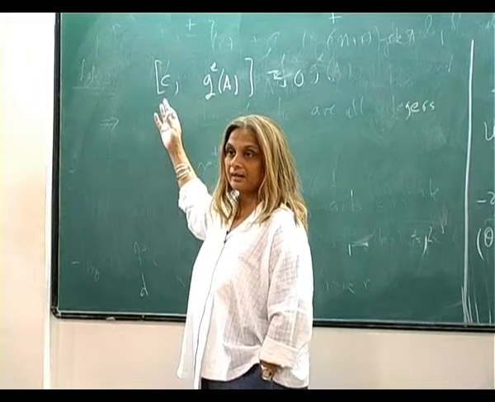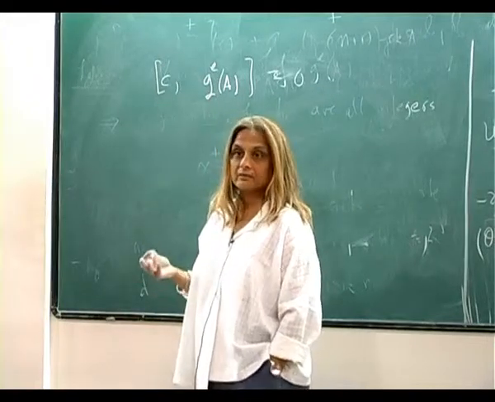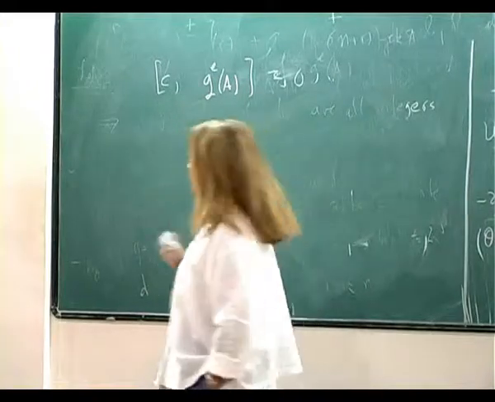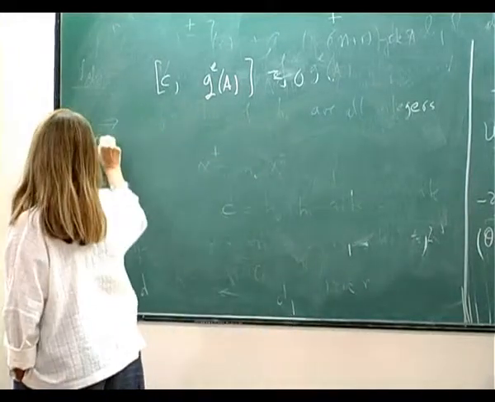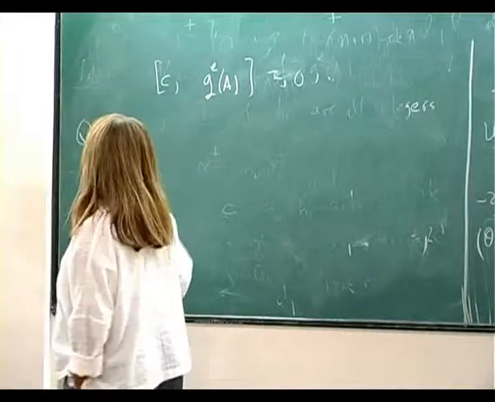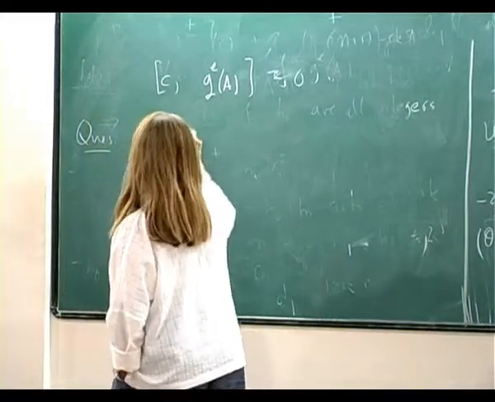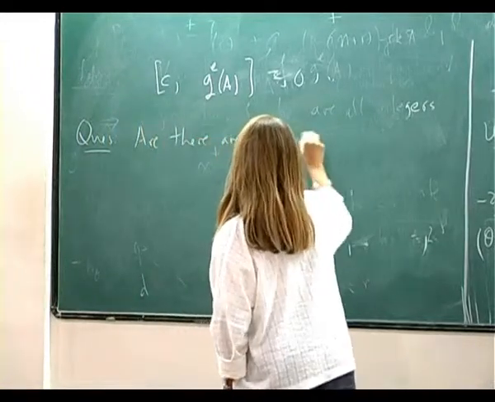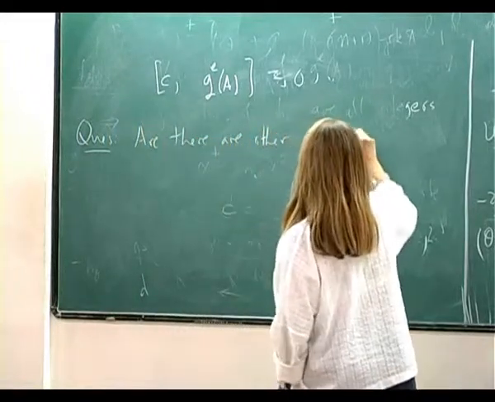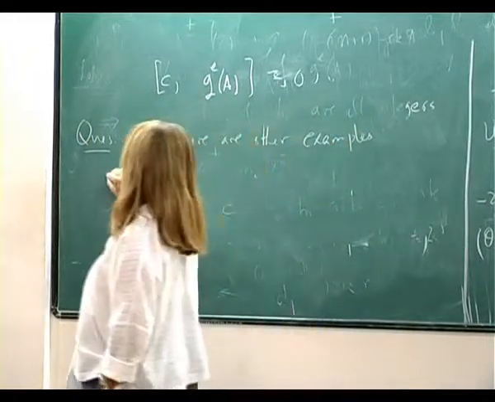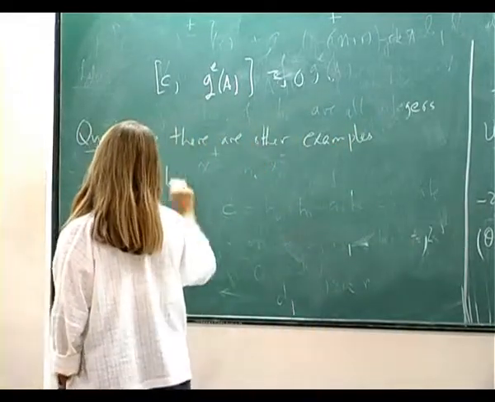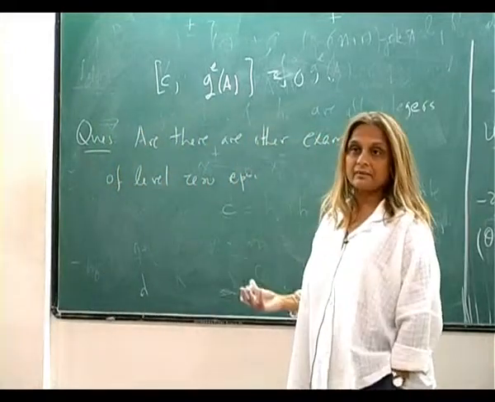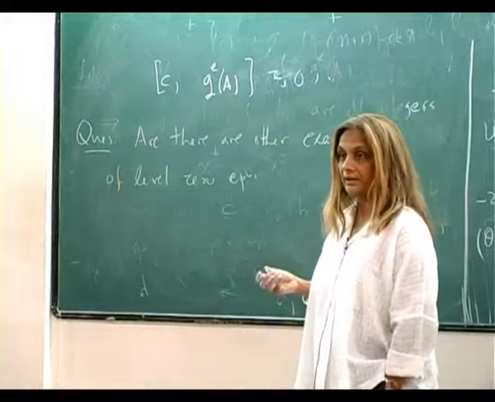And so I can now ask, are there other examples of level 0 representations? I've given meaning to the adjoint representation eventually. If you're a representation theorist, what is a natural question to ask then?